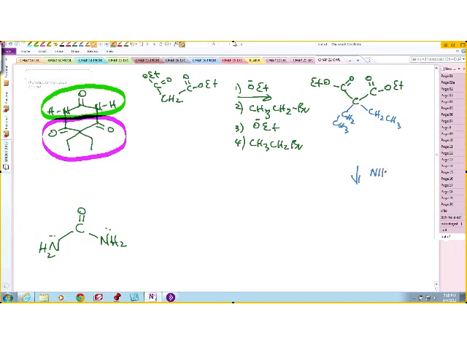So anyway, you have this here. At this point, you are going to get your nucleophilic acyl substitution reaction. We are not going to complete this. We have this here, this here.